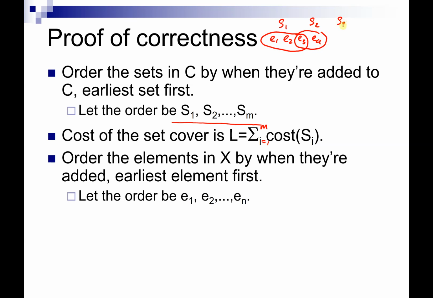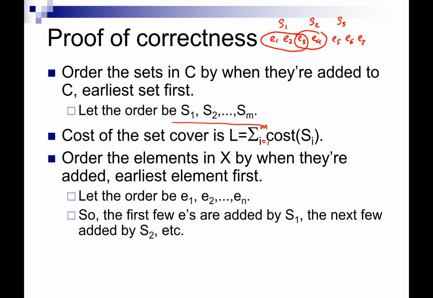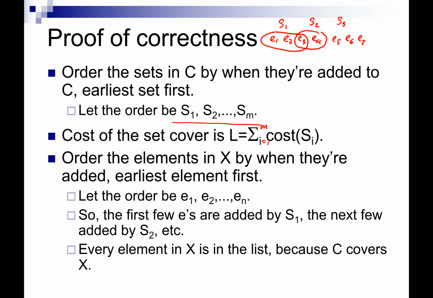Then let's say that you have a set S3 over here, and it's going to cover E5, E6, and let's say E7. So you see that we're going to order the elements in the same order as the sets which contain these elements. The first few E's are contained in S1, and then S2 contains the next few elements, and so on.